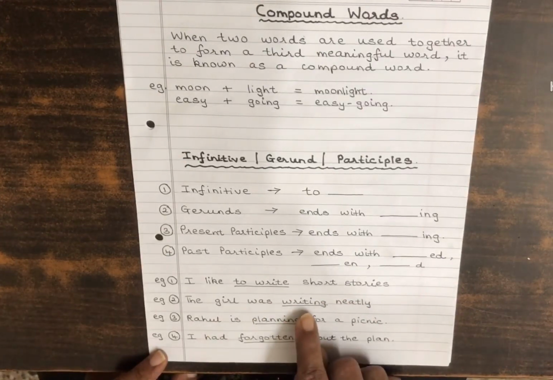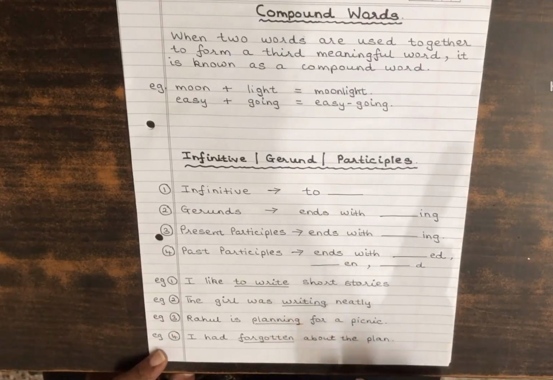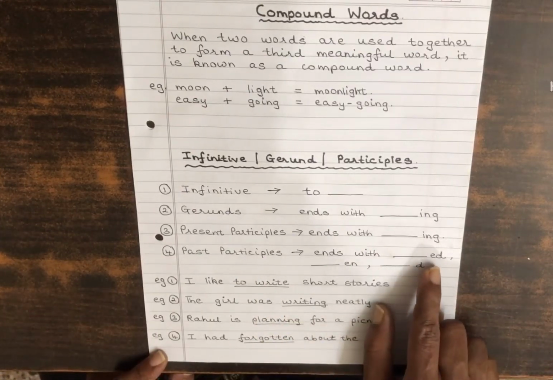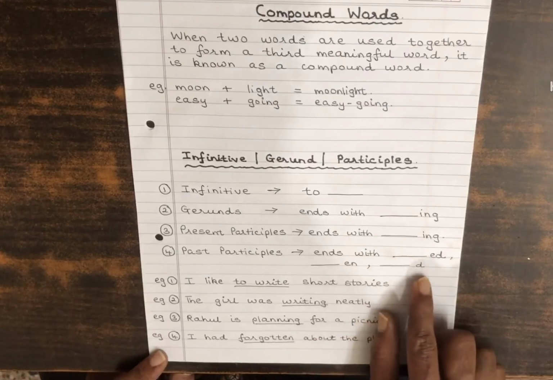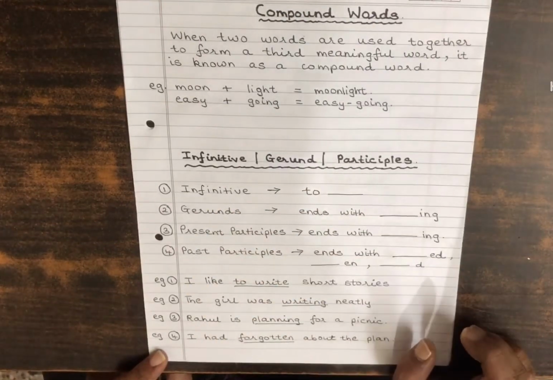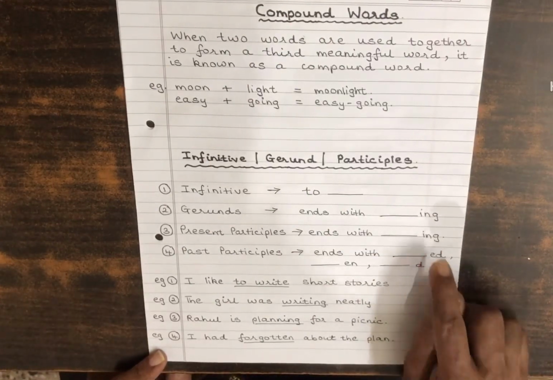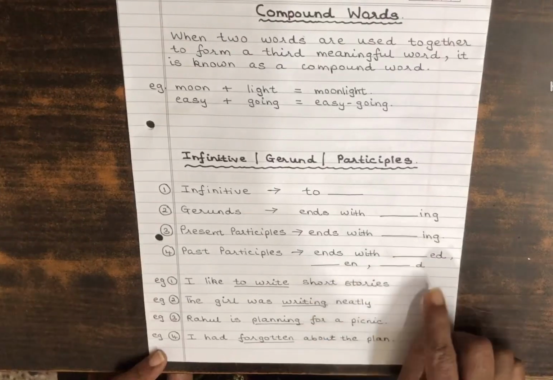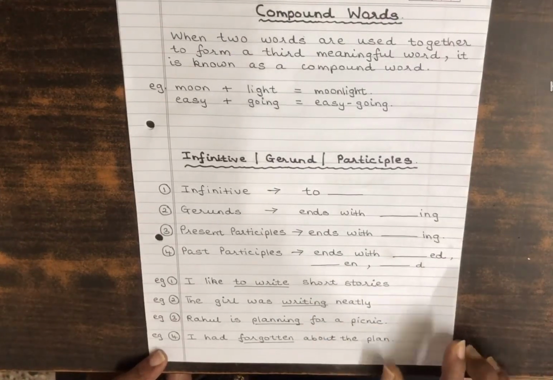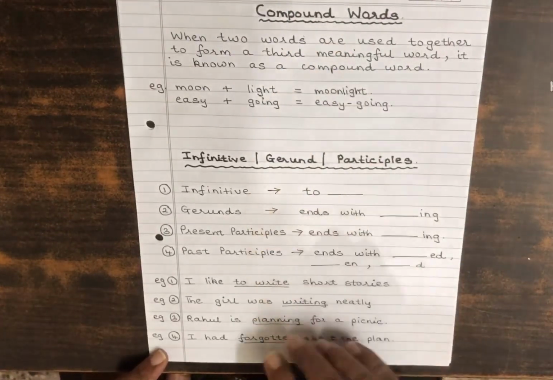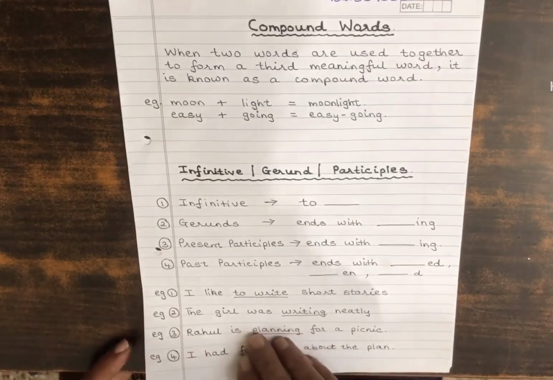The girl was writing is gerund or present participle. And past participle is ending with ed, en or d. So, present participle is ing, gerund is also ing and past participle is ed, en or ends with d. Okay, so that is compound words, infinitive, gerund and participle.